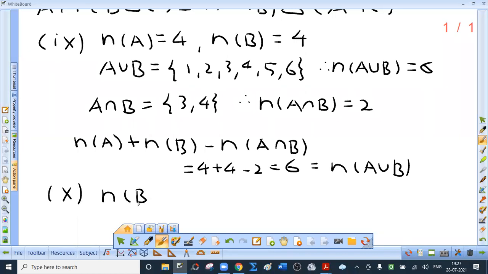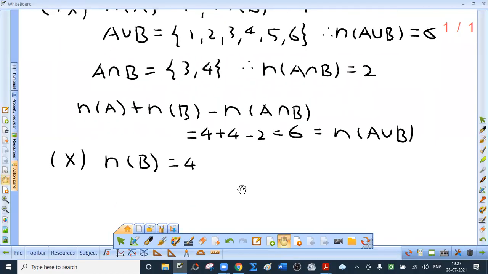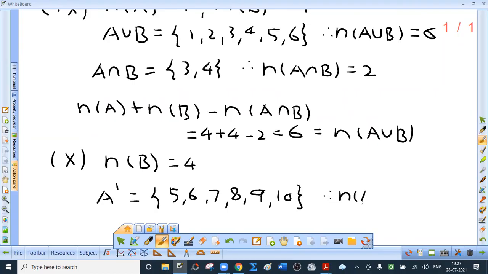Now 10th one. What is n of B? It is 4. Then what is A dash? You cannot write n of A dash directly unless you write that set 5, 6, 7, 8, 9, 10.